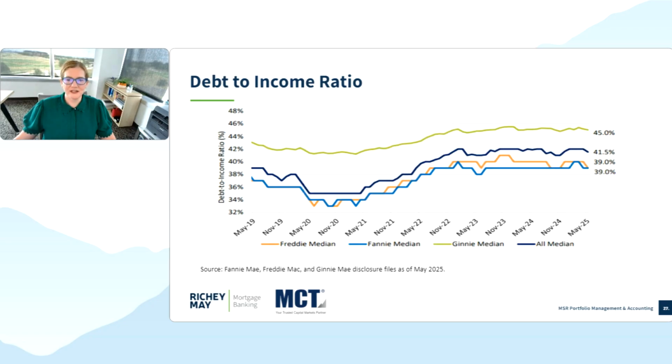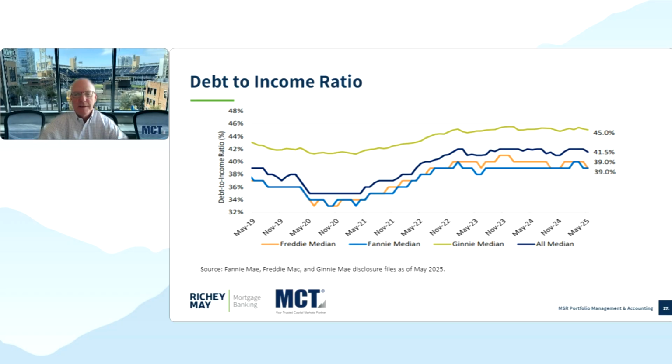Debt to income ratio. Yeah, so this is kind of another word of caution. Affordability challenges continue to put upward pressure on DTI, debt to income ratios. But we know over the years, detailed analysis, kind of doing a deep dive into the trending on the impact of DTIs on ultimate delinquency rates, we know there's a direct correlation.